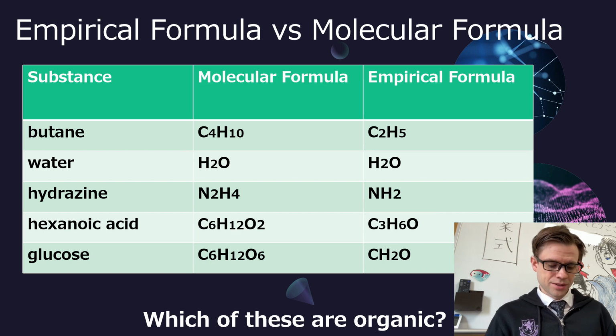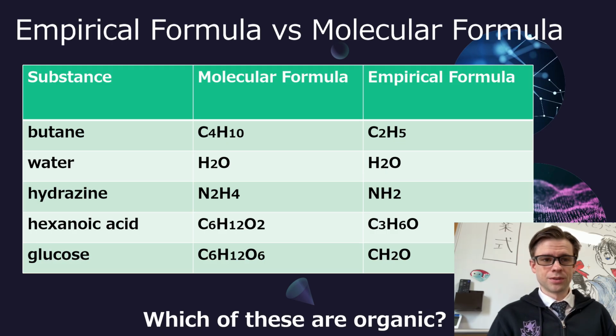Then hexanoic acid, C6H12O2, you can divide that by 2 to get C3H6O. Is that organic? Yes, it's mostly carbon and hydrogen based. It's got multiple carbons and hydrogens. Glucose then, C6H12O6. This is sort of one of the most widely used examples of an organic molecule.